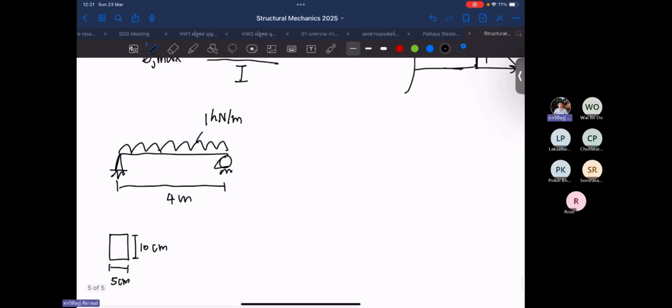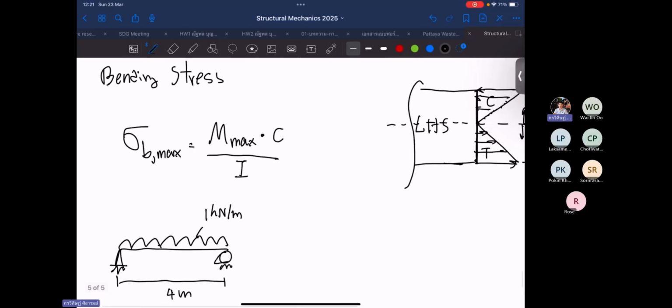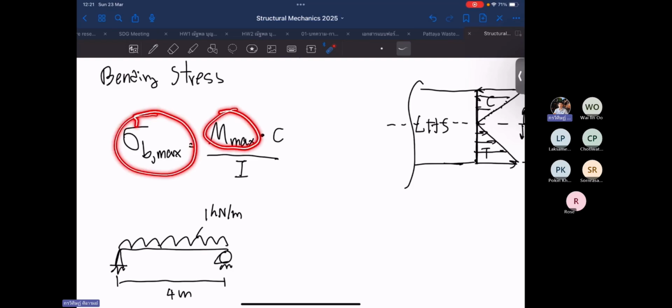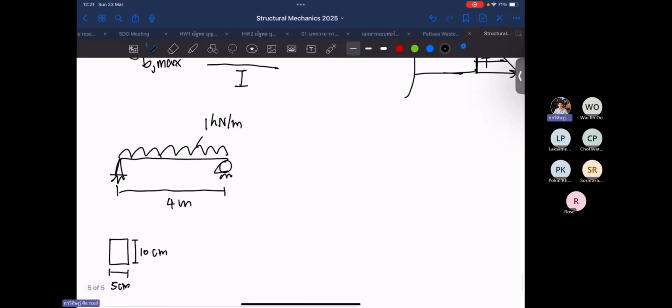First, in order to find the bending stress, we need to know the maximum bending moment, c and I. In this case, the maximum bending moment equals wL squared divided by 8. So w is 1 kilonewton per meter, L is 4, squared, divided by 8.